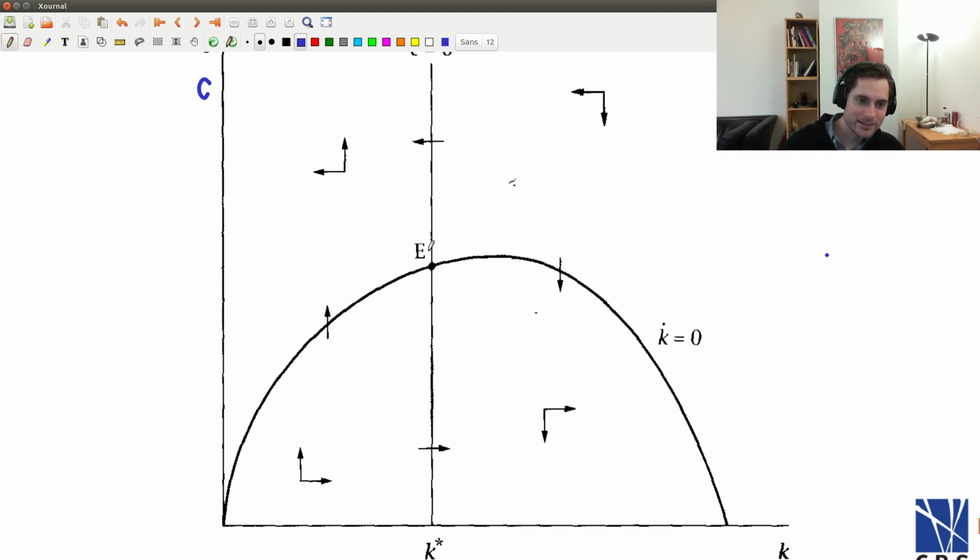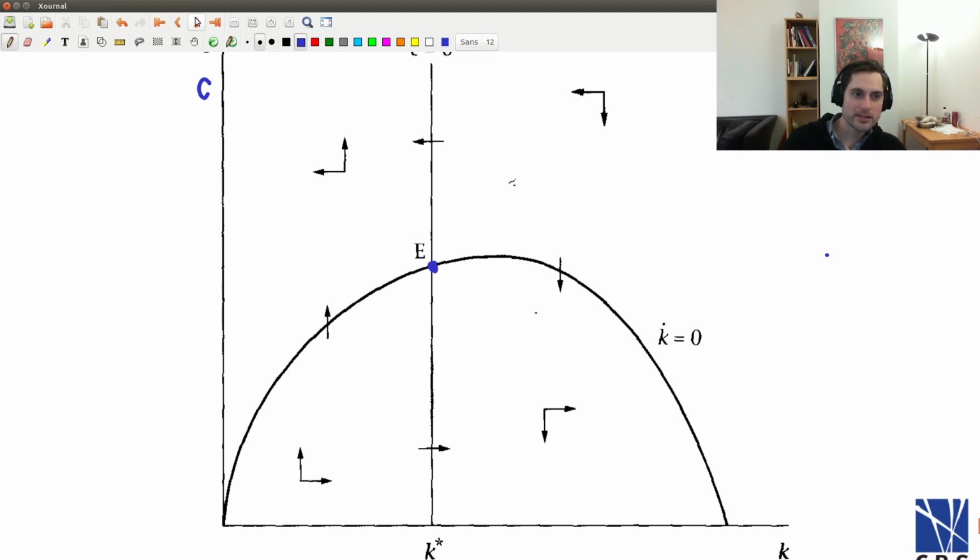And then E, this is equilibrium, because here k dot is constant and also c dot is constant at 0. k dot is 0 and c dot is 0, which says that there's no change in physical capital per unit of human capital, and also no change in consumption per unit of human capital.